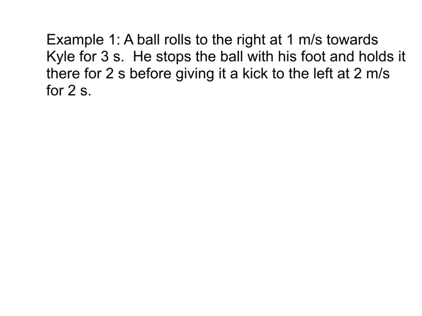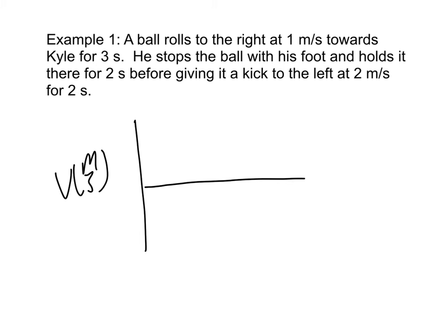If we look at our same example from the position time graph and we draw the velocity time graph for this, we want to show our axis with the velocity. We've got our x-axis with the time. We already know this has to go for a total of 7 seconds.